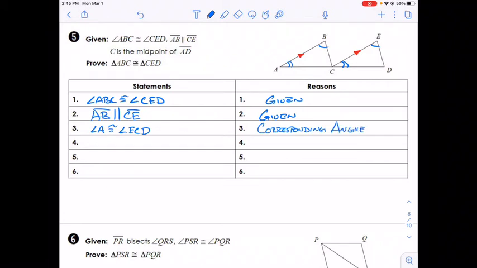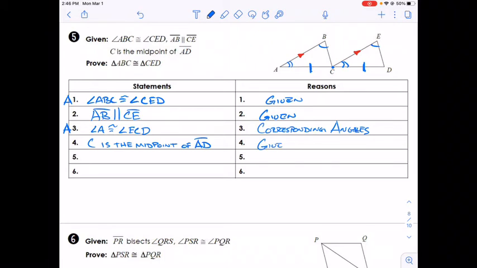So anytime we have parallel lines, we should be looking for special angle pairs. So this gives us an angle measure, another angle measure here, and we're looking for anything else we know to be true. Well, it also tells us C is the midpoint of AD, which tells us that this part here is congruent to this part here.